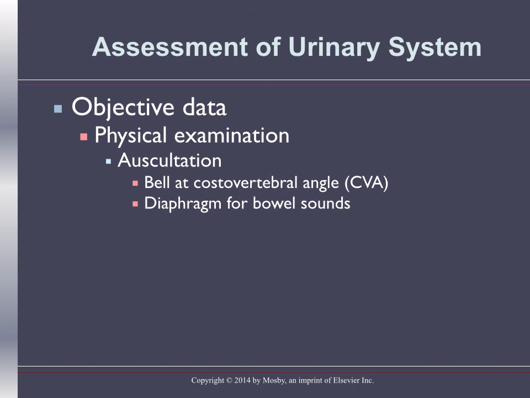Auscultation. The bell of the stethoscope may be used to auscultate over both costovertebral angles and the upper abdominal quadrants. With this technique, the abdominal aorta and renal arteries are auscultated for any bruit, which is an abnormal murmur. If there is a bruit, it will indicate impaired blood flow to the kidneys.